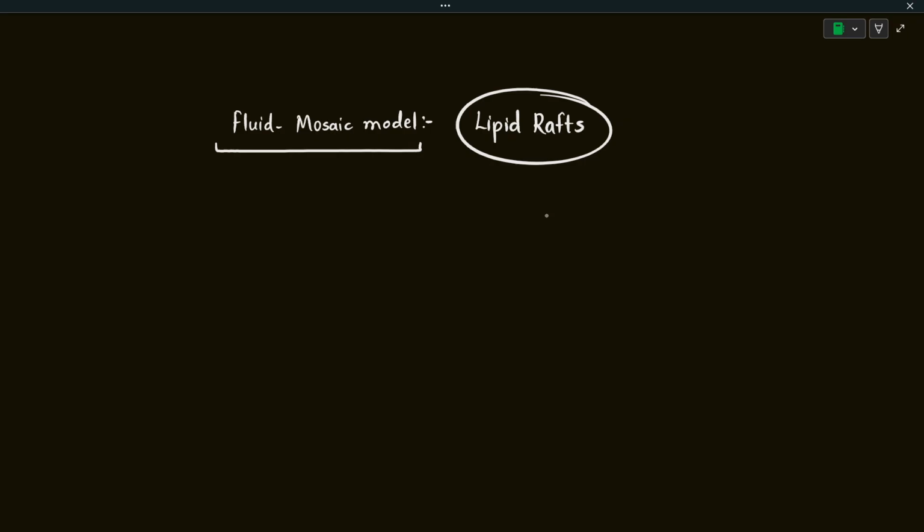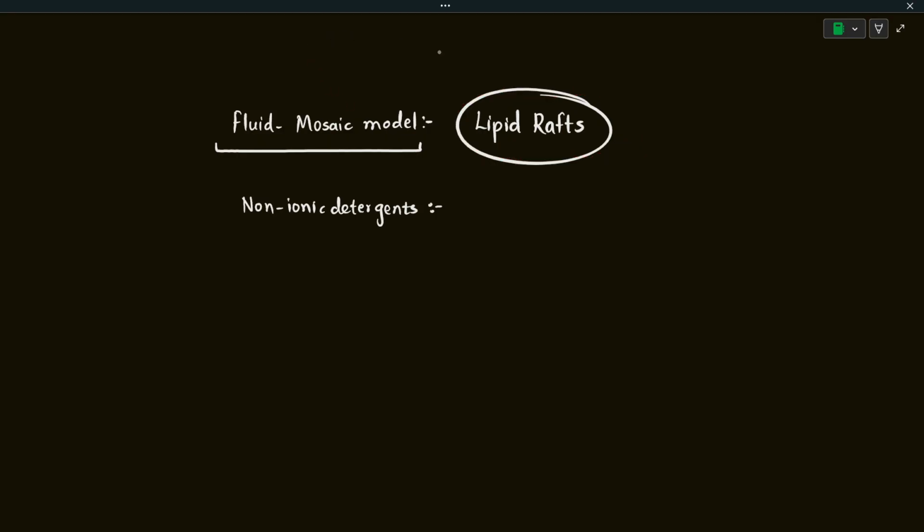We already know that the plasma membrane is made up of lipids, so it should be solubilized in detergents. But when researchers used non-ionic detergents, there were certain parts, or let's call them microdomains, which did not solubilize in those detergents. Those parts of the membrane which resisted solubilization were termed lipid rafts.